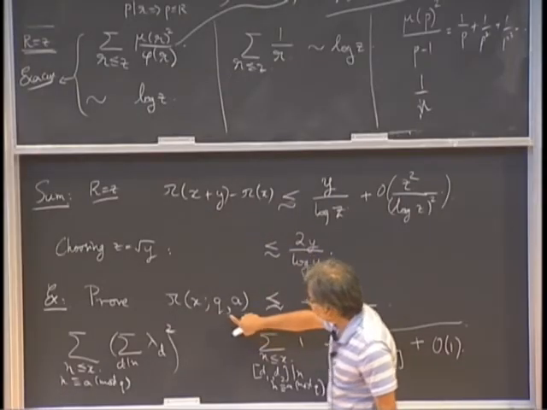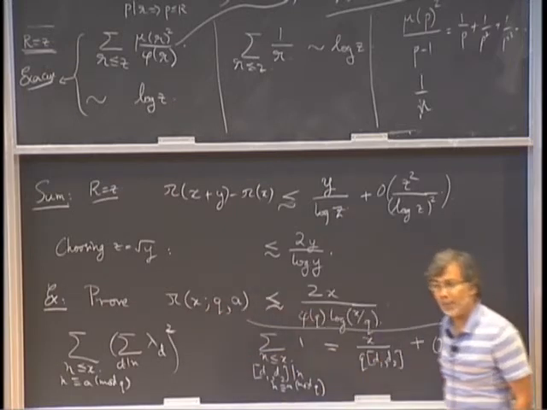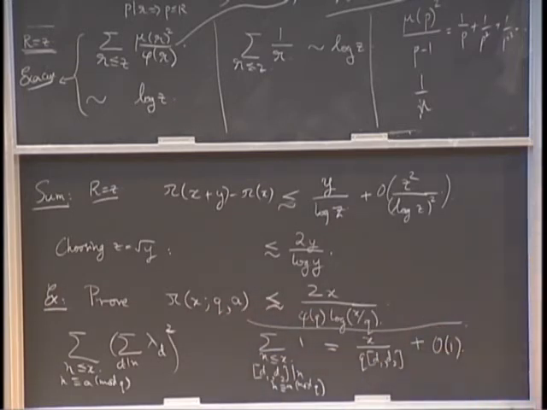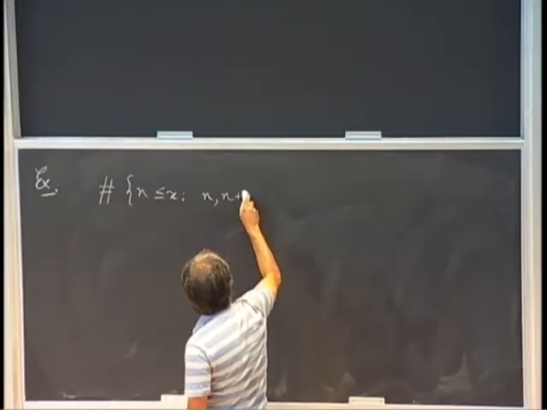But as I said, it's still exciting because it tells you what happens in any short interval or even for moduli q that are very close to x, which we don't know how to do by any analytic method. But anyway, here's something that's genuinely different. You can also try to count the number of integers n up to x for which n and n plus 2 are prime.